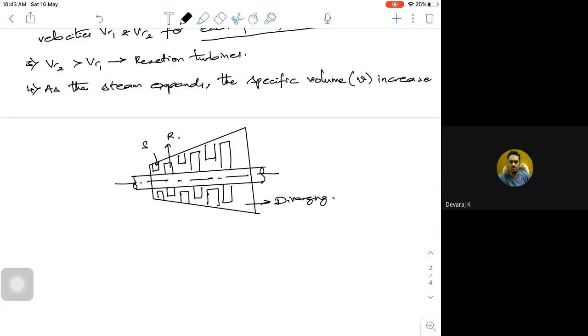What do we mean by that? The pressure is going to drop. When I speak of expansion, the pressure drops and the specific volume increases.